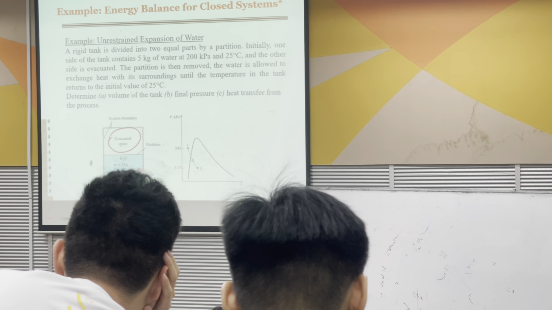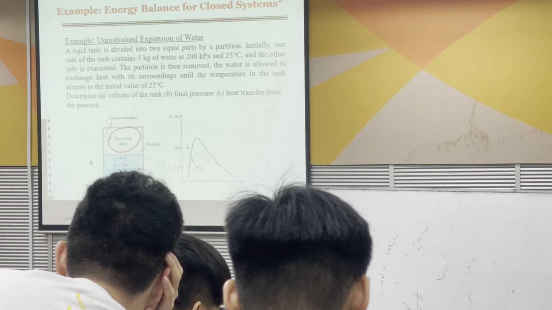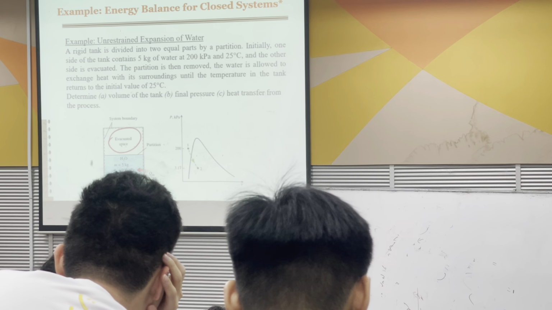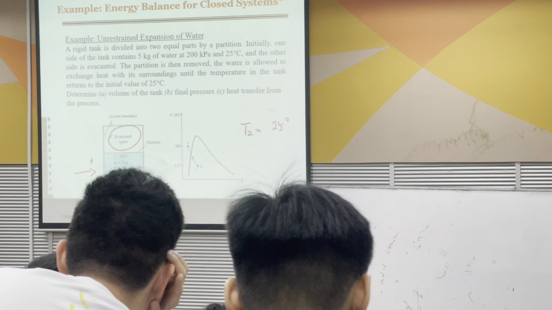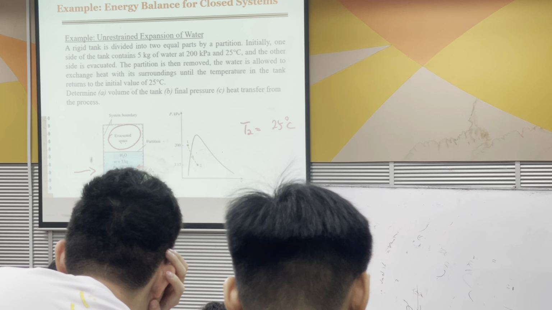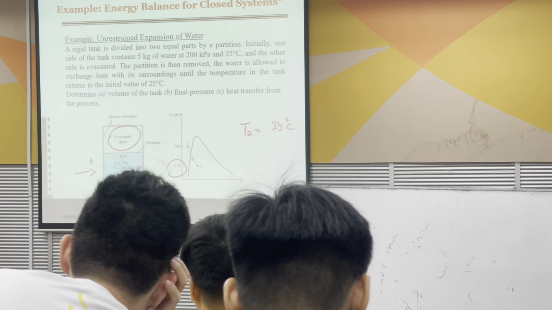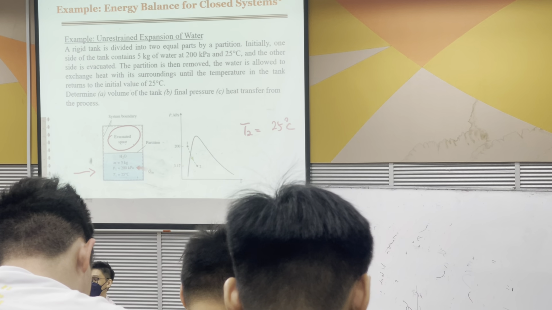It is then allowed to exchange heat with its surroundings until the temperature in the tank returns to the initial value of 25 degrees Celsius. Initial state, all the information is given here. Final state, you know that T2 is 25 degrees Celsius. If you look at the diagram there's a pressure value too, but technically this diagram shouldn't be there, so you wouldn't know.